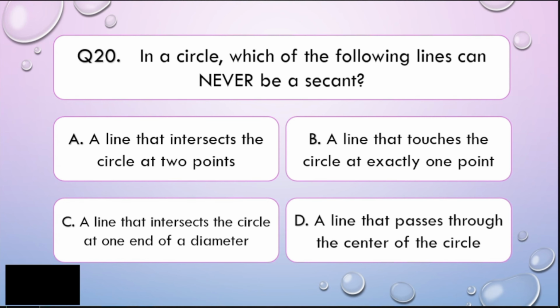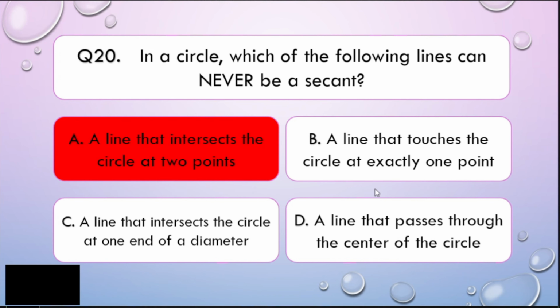All right, math learners, this question is very, very easy because we just need to consider some definitions. Basically, the definition of a secant is a line that intersects the circle at 2 points. So this satisfies the definition of secant, but we are finding which can never be. So letter A is wrong. How about letter B? A line that touches the circle at exactly 1 point.